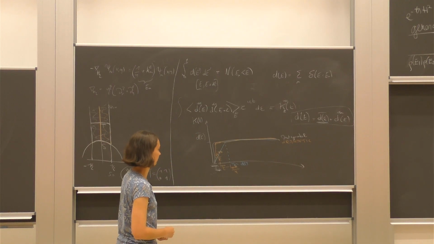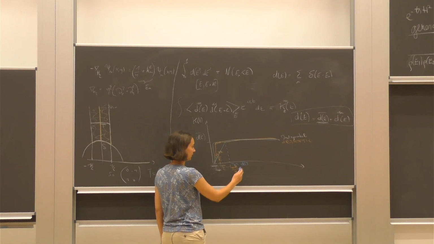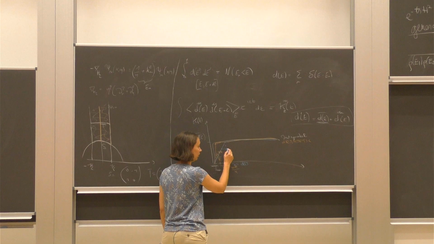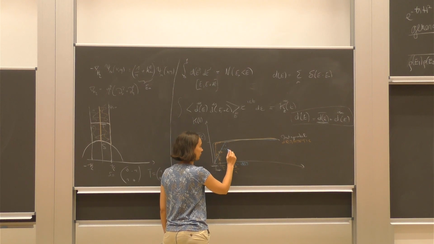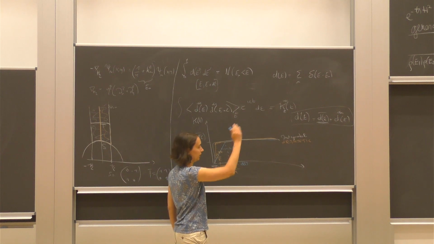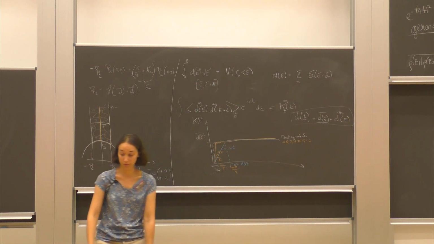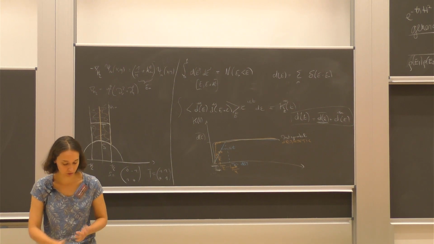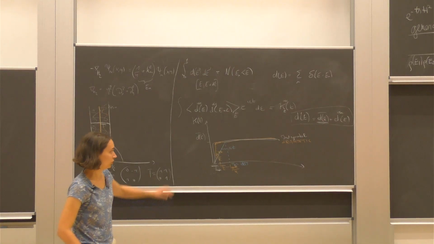So there are different timescales in the game, and here this would be a linear ramp, and that's what you often hear whenever people talk about the spectral form factor of chaotic models. Okay, is there any question about this?